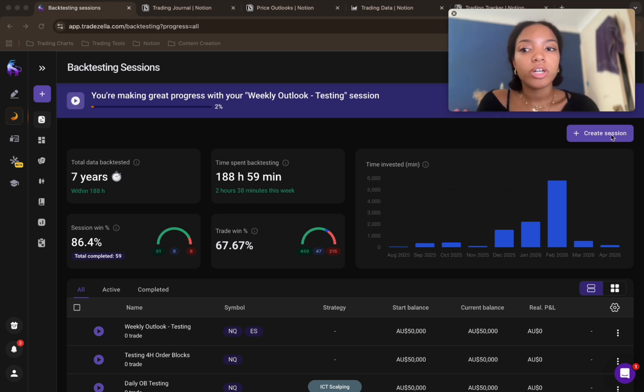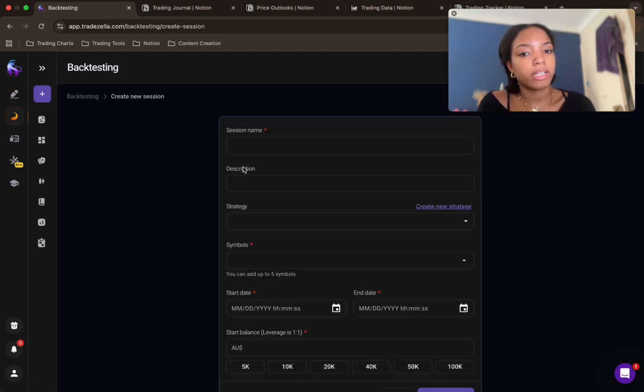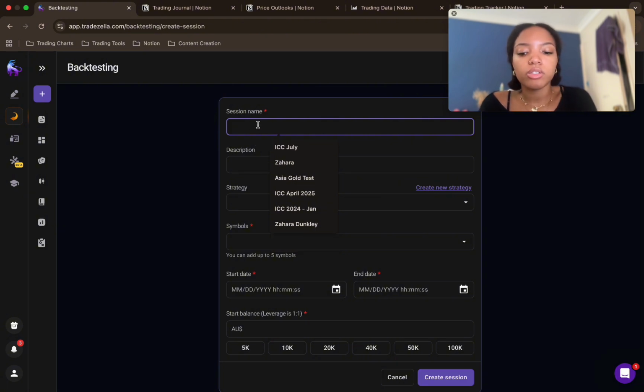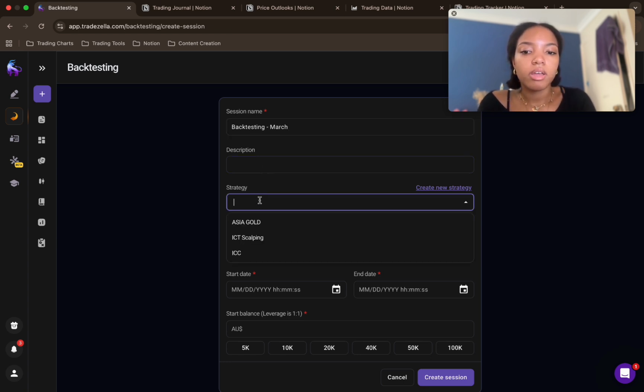To go into TradeSeller and actually create a trading session or back testing session, you click this button here, and then you can tweak it to whatever you want. So we're going to do back testing March, because we're in April right now, so I just want to do the previous month.